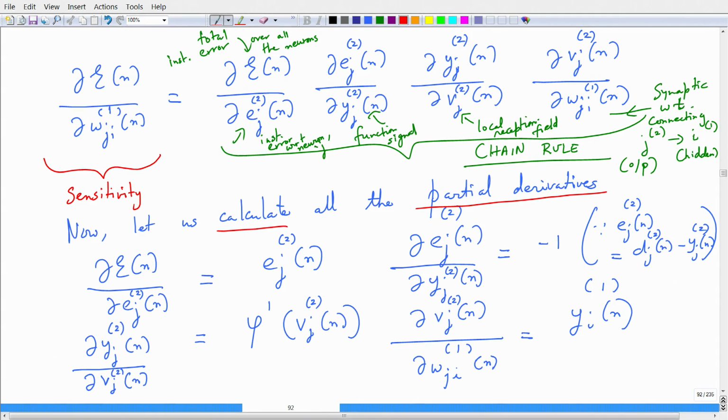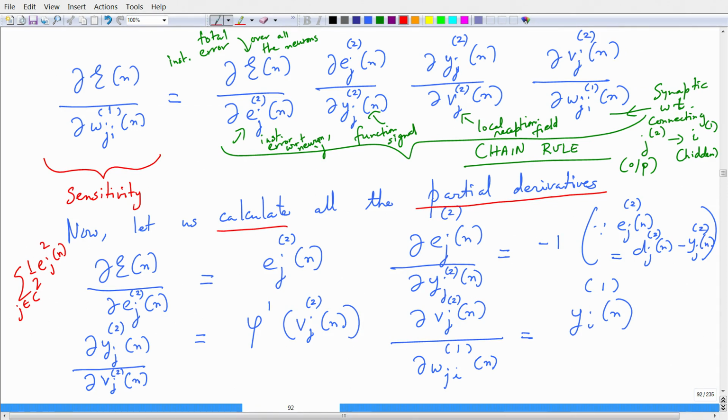Now, we take the partial derivative of the total instantaneous error over all the neurons in the output layer with respect to the instantaneous error in the jth neuron in the output layer, and that is basically Ej of n, because if you take the summation of half Ej square of n over all j belonging to the set of output neurons, and you take the partial derivative, you are left with Ej of n.